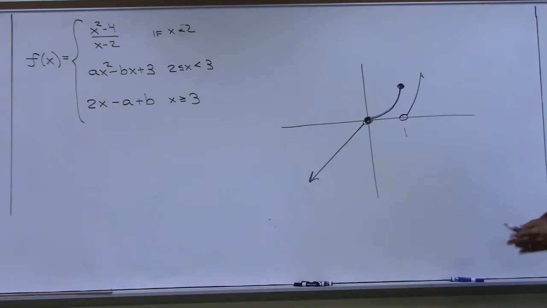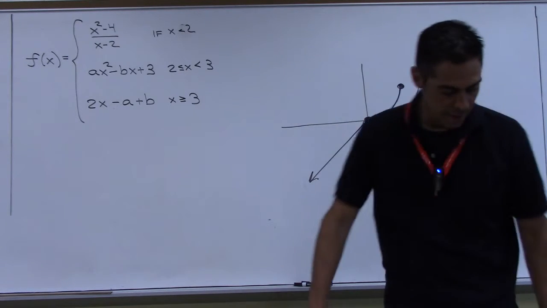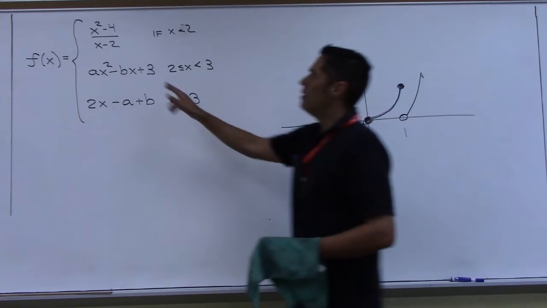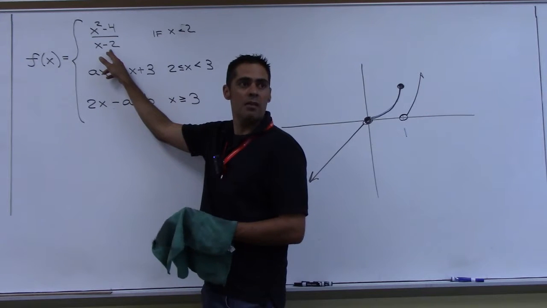What is the difference between this piecewise function and the one I just put up on the board a second ago? Yeah, you couldn't graph this if you wanted to, because you don't know what a and b are, do you? Right? But what you do know is that this is a rational function from college algebra.